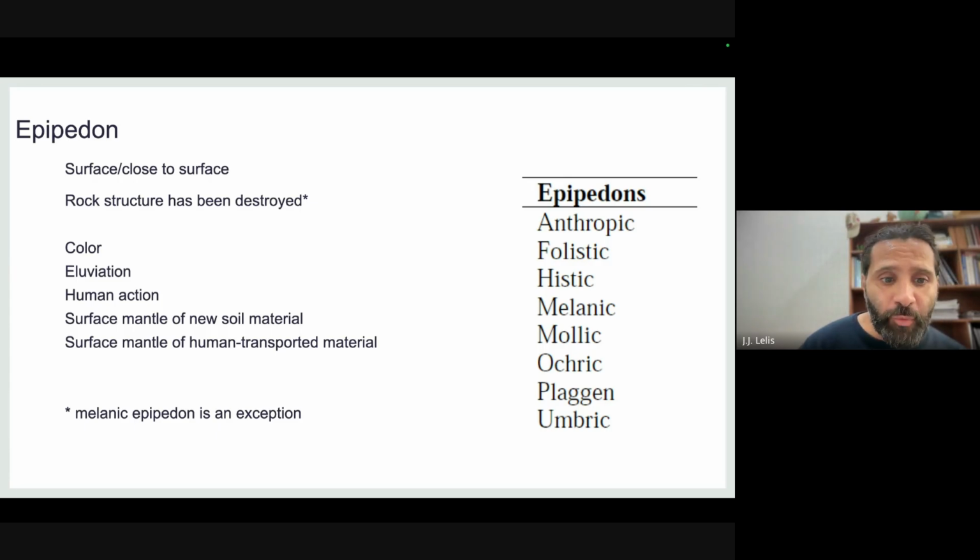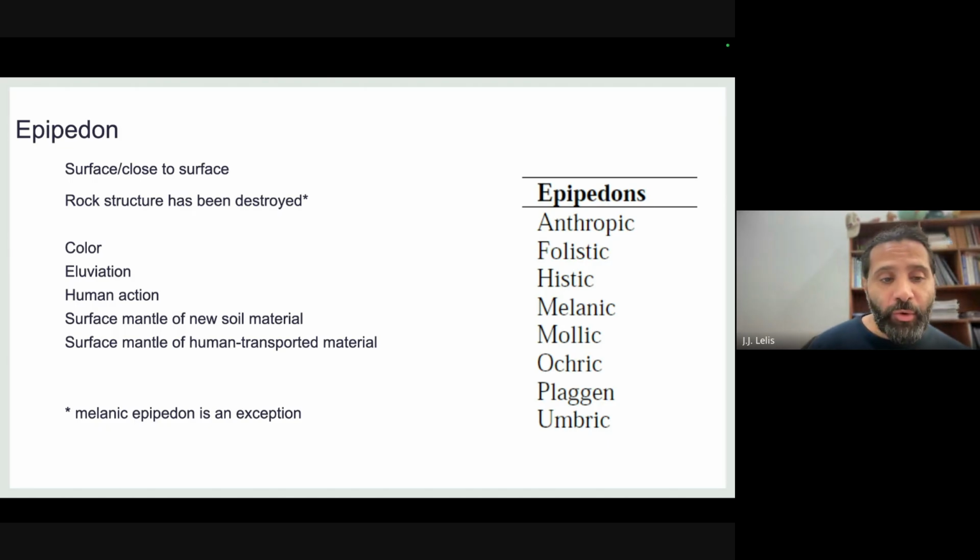These A horizon patterns, we need to differentiate them according to the color. Some of them express alluviation, so the color is in general quite dark. Some of them present some reduced clay content because they lose clay, okay?